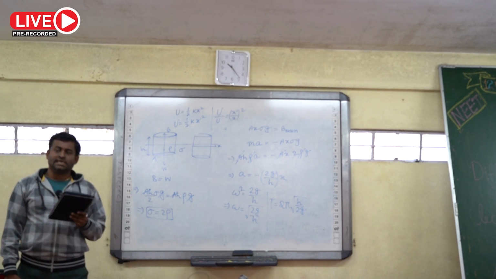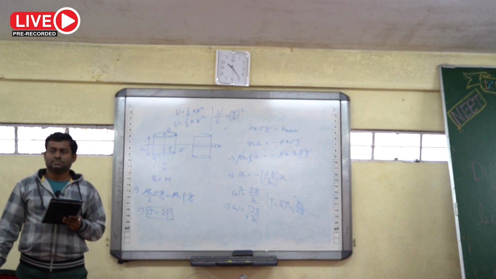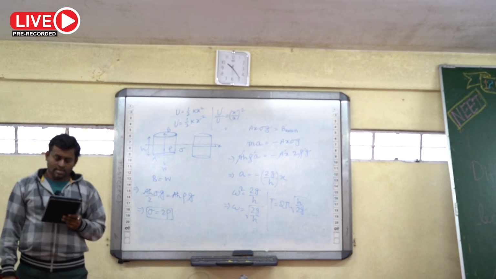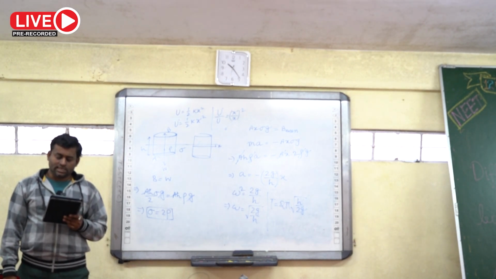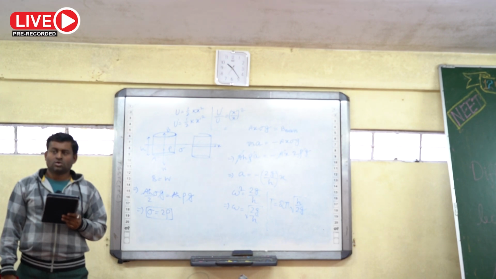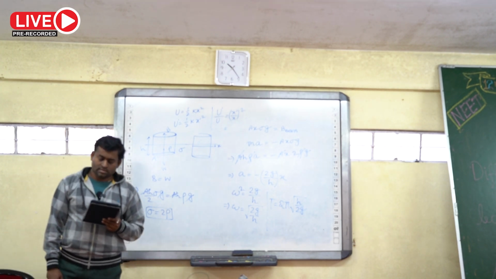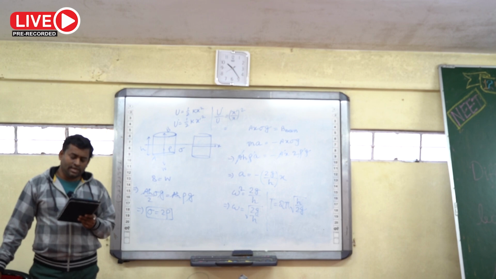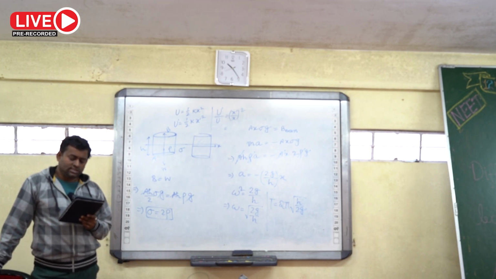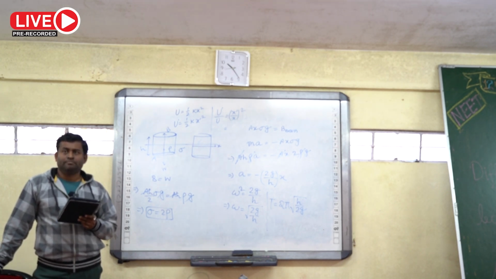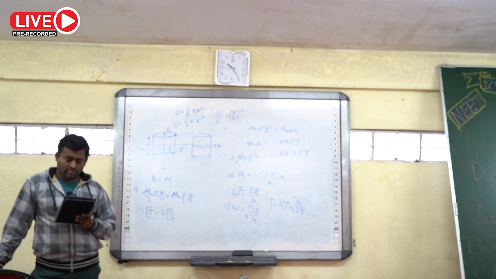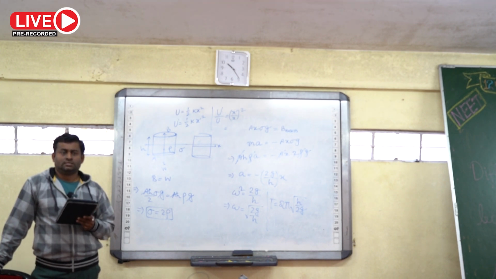Next question, question number 16. A simple harmonic oscillator consists of a particle of mass m and an ideal spring with force constant k.